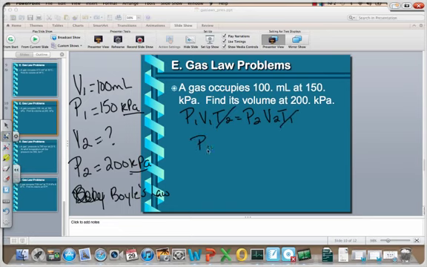So our formula is really this. Let's plug everything in now. Pressure is 150 kilopascals. V1 is 100. P2 is 200, and we do not know what V2 is, so we need to solve. So 150 times 100.